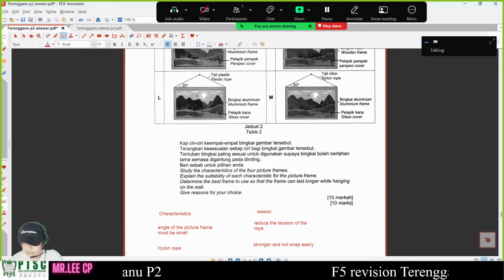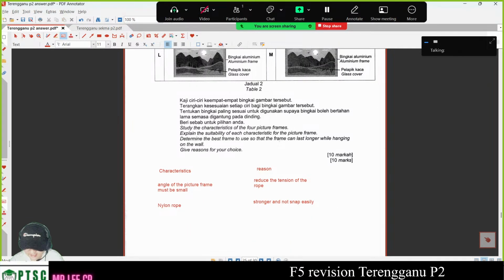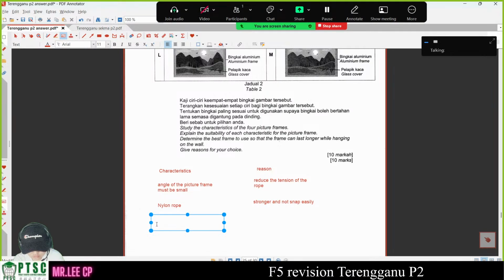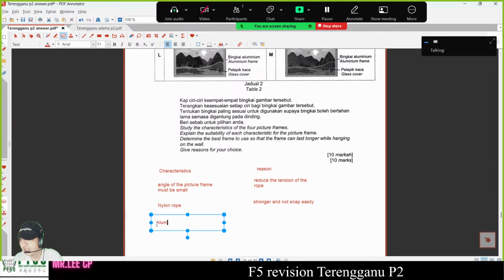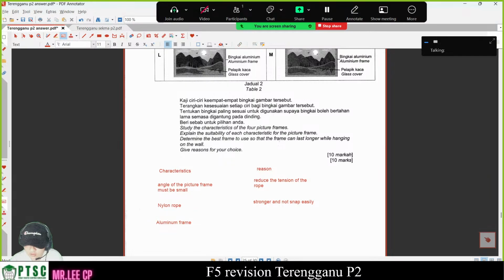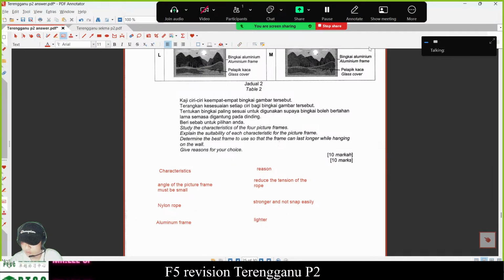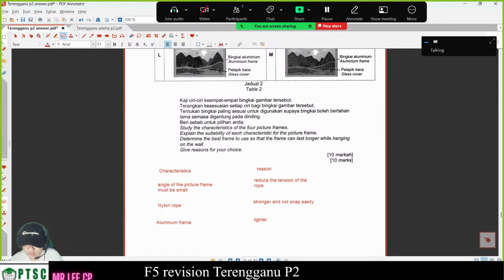Okay. Next one. Aluminium frame, lighter compared to wood. Aluminium is lighter, so reduce the weight. And then glass cover.